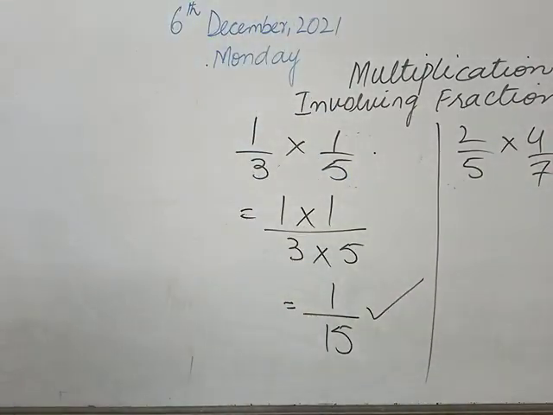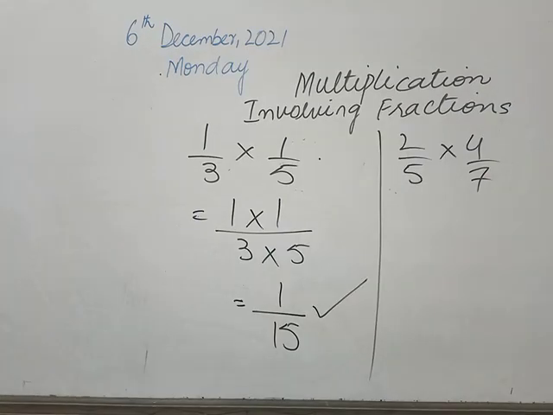So अब इसमें हम क्या करेंगे? We have two fractions. We will simply multiply. As you look, we have two fractions. The first one is 2 by 5 and the numerator part in 2 by 5 is 2 and in the denominator we have 5. In the next fraction, which is 4 by 7, the numerator part is 4 and the denominator part is 7.